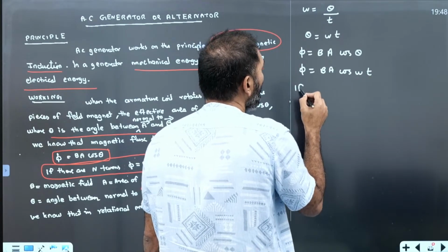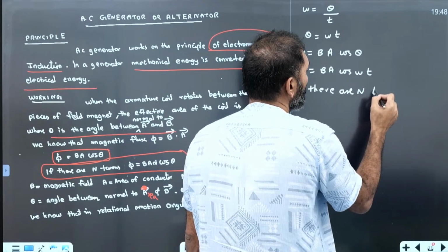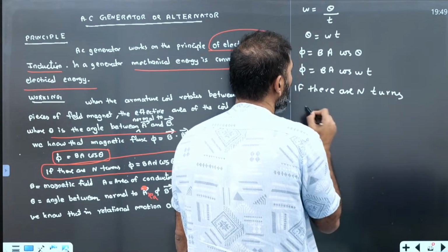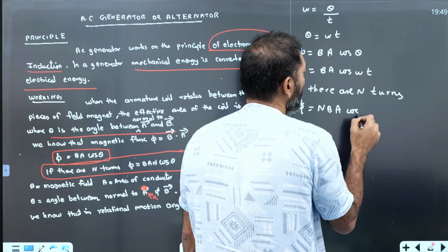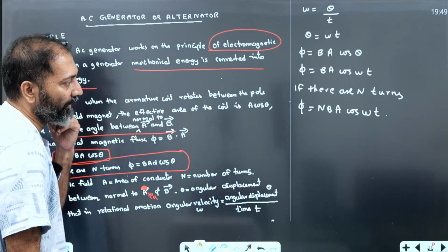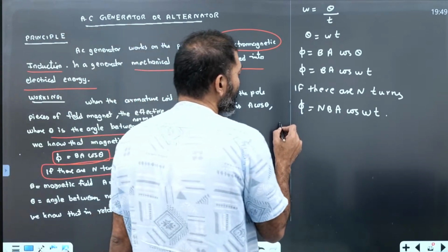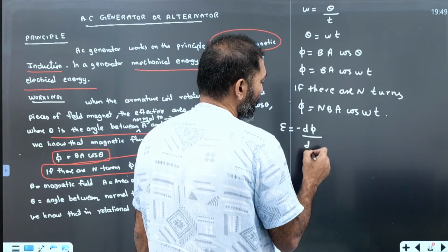Now if there are N turns, magnetic flux phi is equal to what? NBA cos omega t. Now what is the equation for induced EMF? E equal to minus d phi by dt.